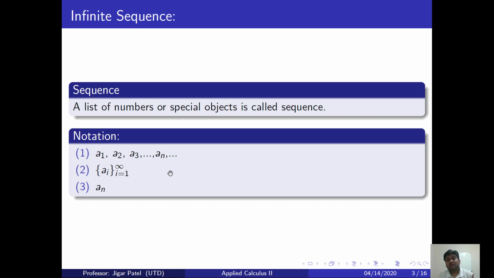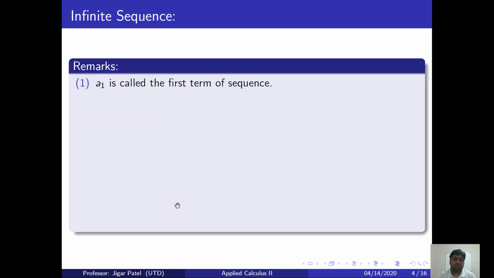All right, as I said, I would like to give you 6 interesting remarks now. The first remark is about the names of two special numbers. I would like to give the number a_1 a name, and I would like to give the number a_n a name. a_1 is called the first term of the sequence, because it appears at the first position.